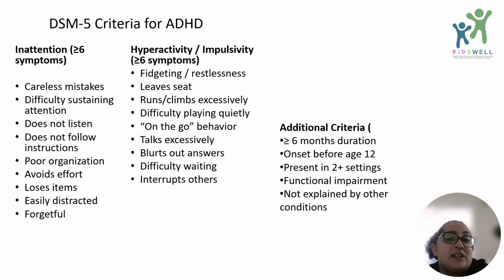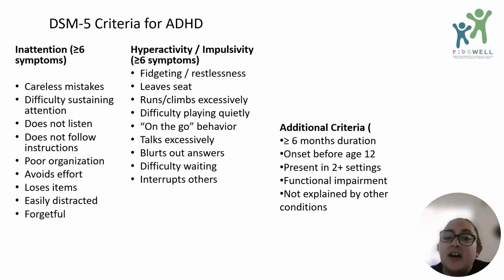The hyperactivity and impulsivity symptoms are fidgeting, restlessness, leaves seat, runs or climbs excessively, difficulty playing quietly, on-the-go behavior, talks excessively, blurts out answers, difficulty waiting, and interrupts others.